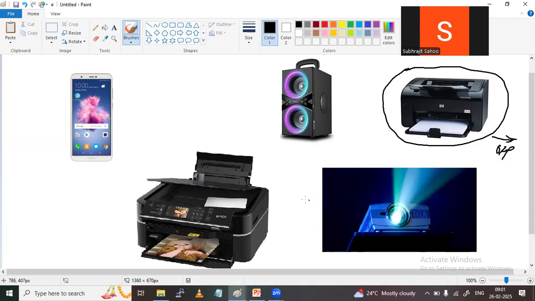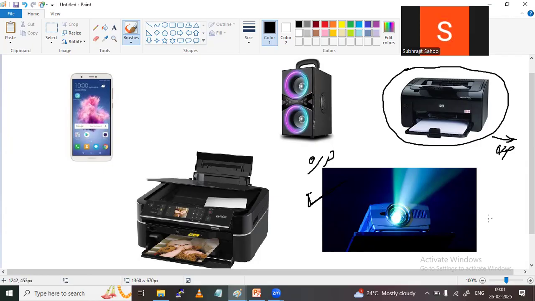And this one is also a projector, right? With the projector we are doing presentation work. That means a screen will be there and we are doing some presentation. So this is also called output. It is displaying something on a board, on a screen, on a wall, whatever it may be.